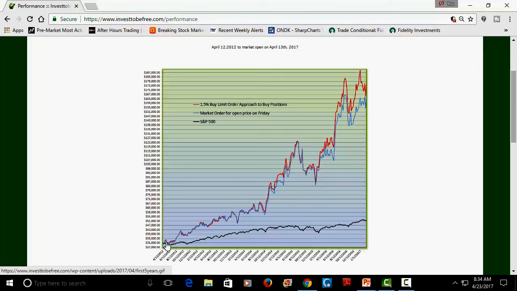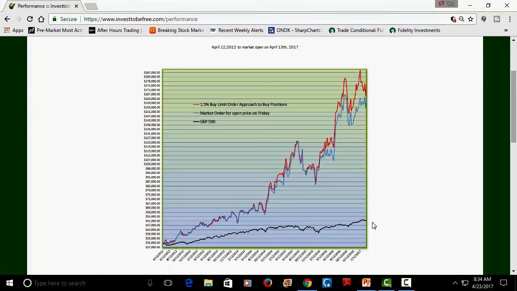Okay, so this took the account, multiplied it by 6 with compounding over a 5-year period versus the compounding with the S&P 500, which was just $50,000, would have made you $20,000 on that $30,000 versus the $150,000 on the swing trading strategy. Okay, so that's the difference between making over 40% per year versus, in this case, 11% per year with the S&P 500 over the past 5 years.